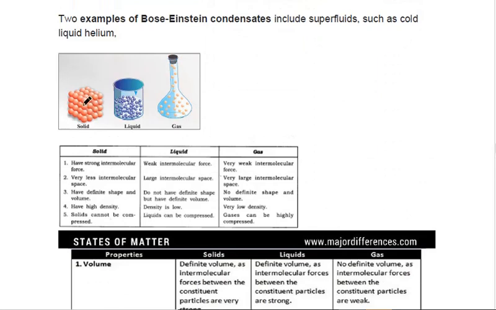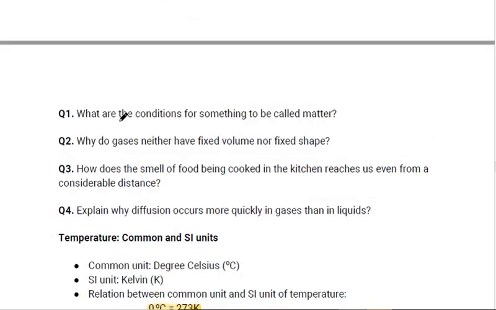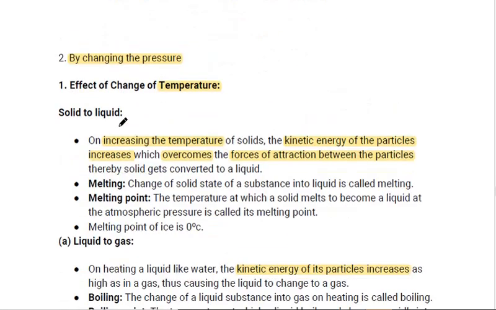See, this is solid, suppose ice. We are supplying heat. So the intermolecular force of attraction will decrease and it will be like this. Then the solid will turn into liquid, right?